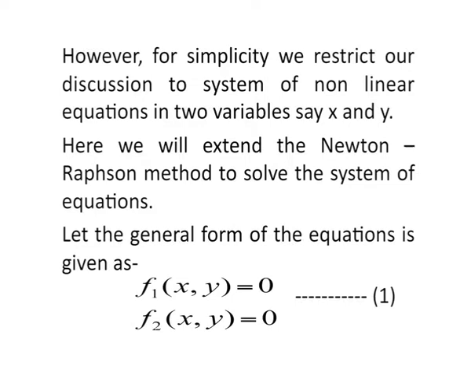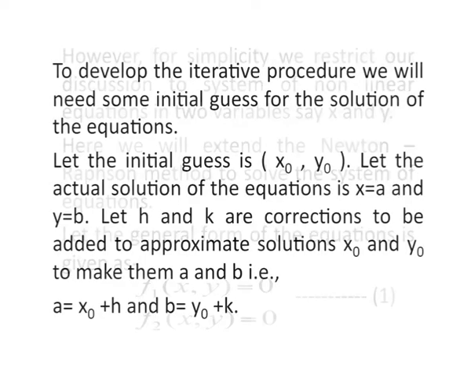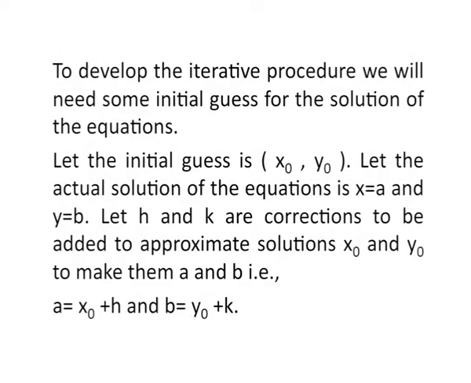Now, as we usually do in numerical methods, suppose the initial guess is x0 and y0 for the two equations, and the exact root is x equal to a and y equal to b. So, we have a correction term for both x0 and y0, and let the correction terms be h and k.